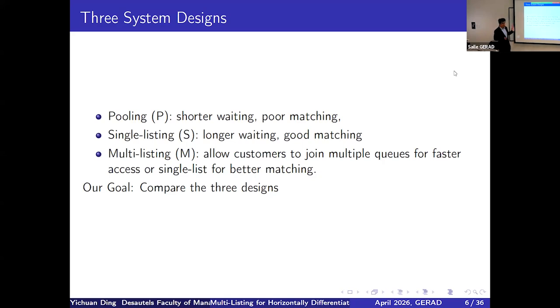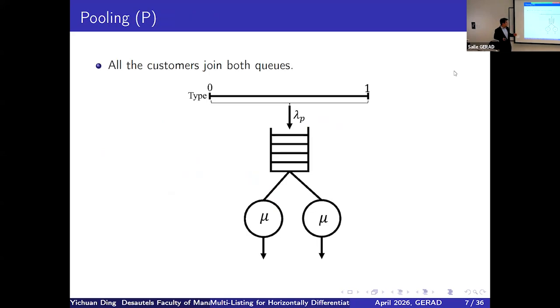Before that, we were introducing our stylized model to capture the three systems. So this is the pooling system. The customers are differentiated by a single parameter, which is their preference between Iona House or Thunderbird. If you really prefer Iona House, your parameter will be 0.